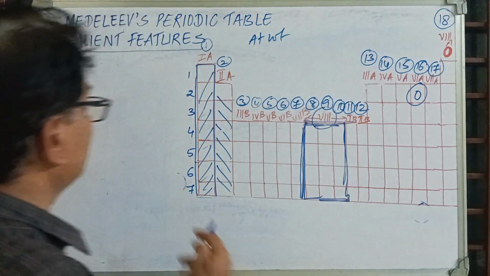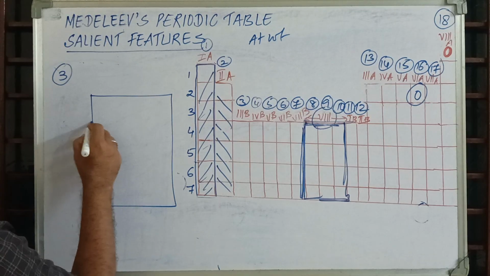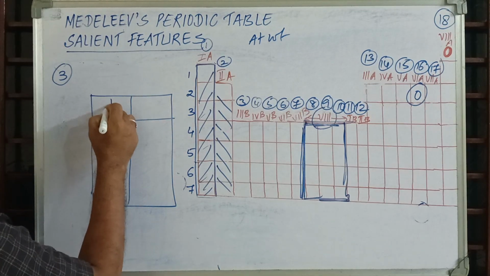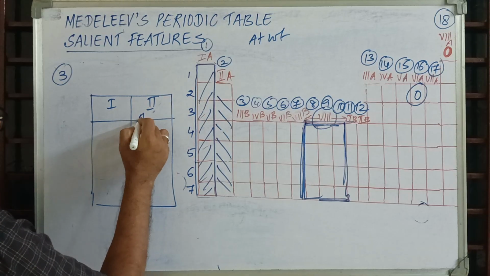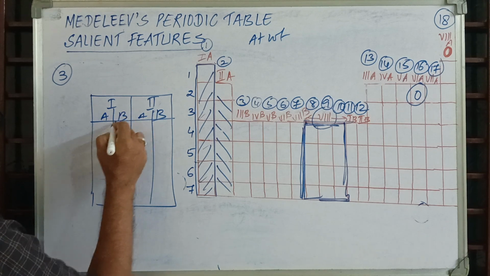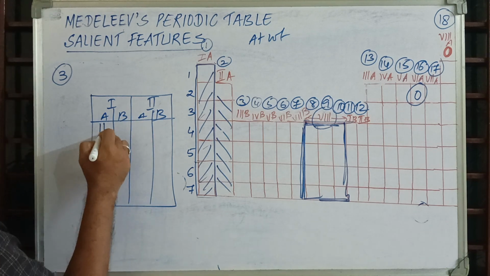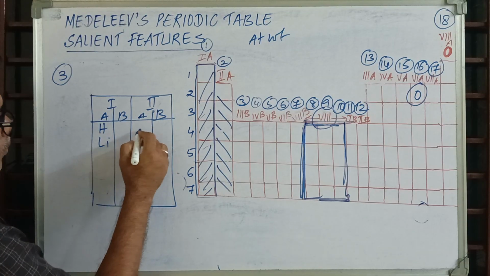So what exactly I want to tell you is, while Mendeleev was filling his periodic table, say like this, okay? Suppose I am taking only 2, no problem. This one is A and this is B subgroup. While he was filling, say hydrogen he filled, and then he filled lithium here. Next, what else?